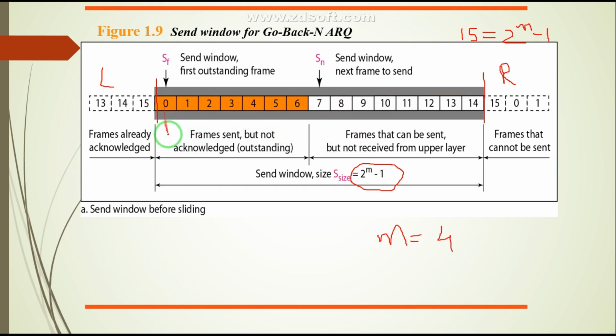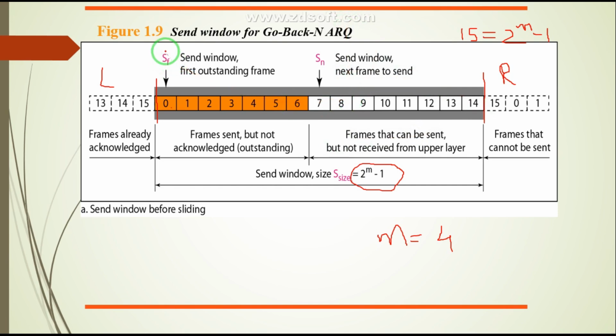Frames 0 to 6, you can observe, are shown in this orange color. The frames 0 through 6 have been sent, but not acknowledged. Whereas frames 7 to 14 are the frames that can't be sent because they are not received from the upper layer, the network layer.